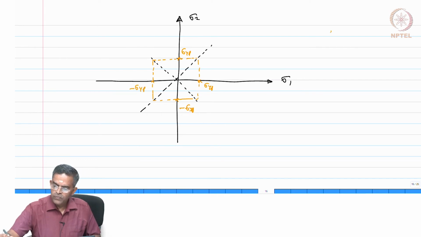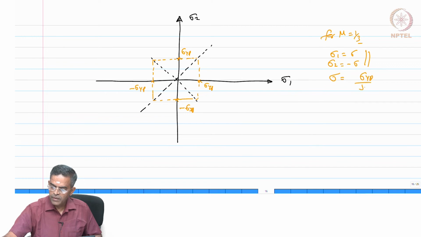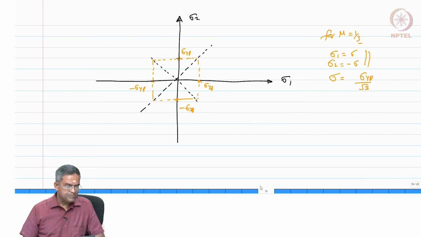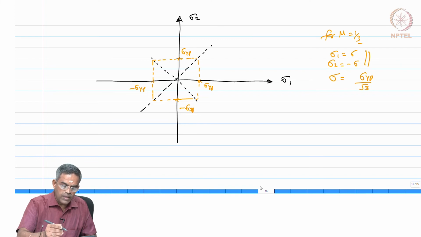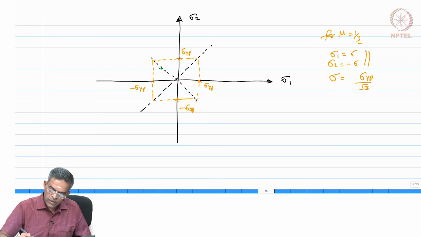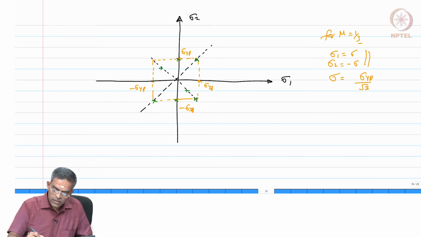So, for mu equals 1 by 3 and sigma 1 equals sigma, sigma 2 equals minus sigma, you will find the sigma value will become sigma yp by root 3 when you substitute in this equation. Okay. Now, let us draw the envelope, these are the points, it must touch here, okay.